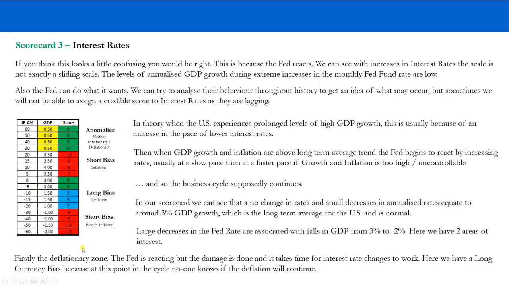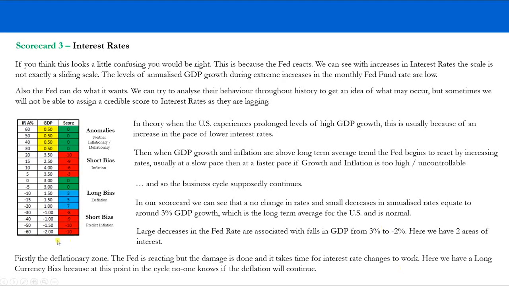The Fed is basically reacting here to lower GDP rates, but the damage is basically done. And it takes time for interest rate cuts, so aggressive interest rate cuts, to actually work. So here we tend to have a long currency bias, because at this point in the cycle, no one really knows whether the deflation itself will continue and how long it will continue for.